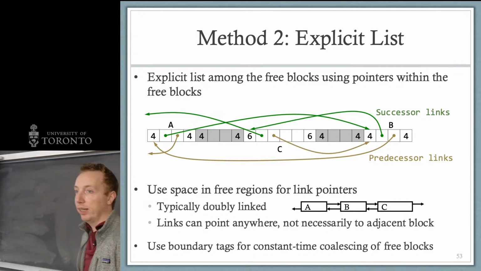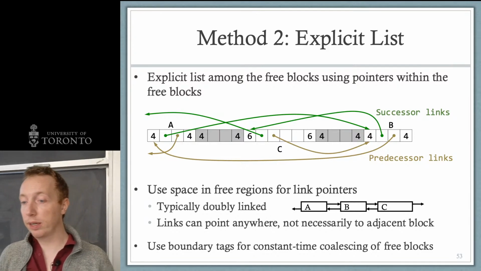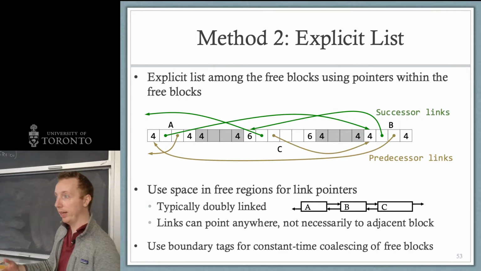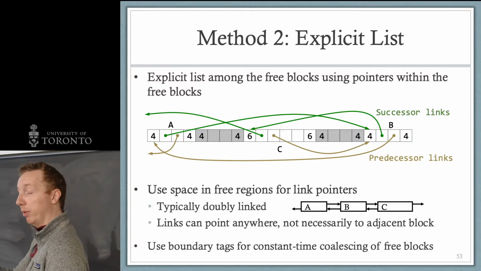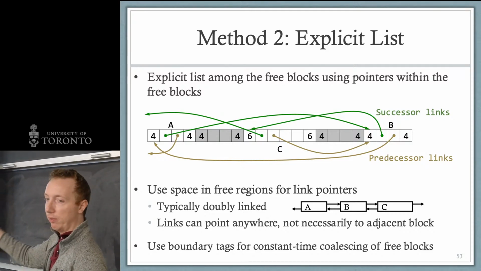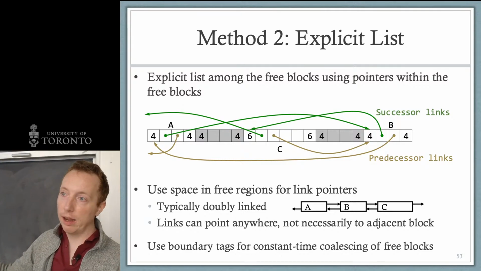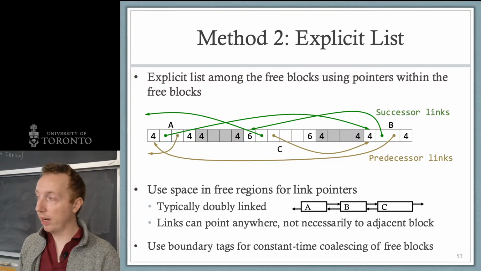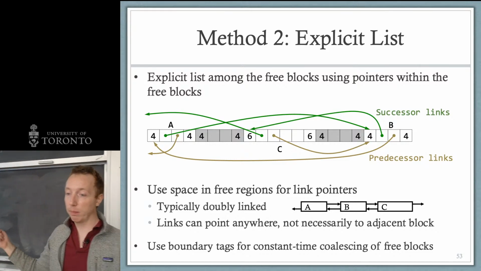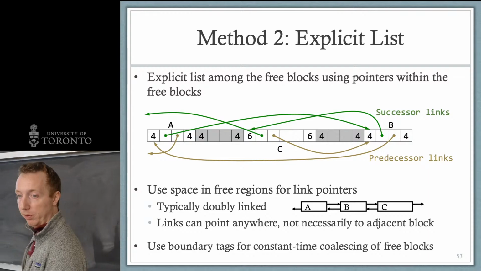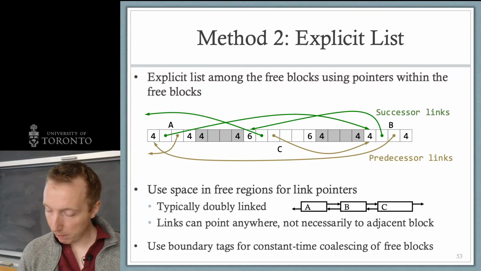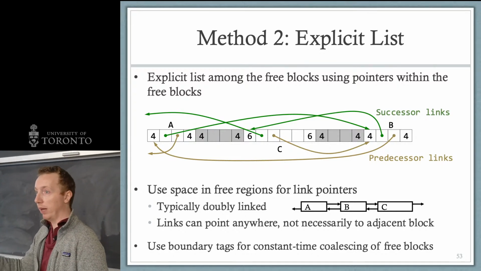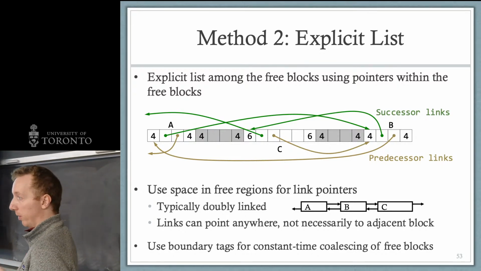So the second method is the explicit list. Instead of having an implicit list that keeps track of allocated and free blocks, we use the free blocks themselves to store the next and previous pointers. That way we just have a free list, and all the elements are free.